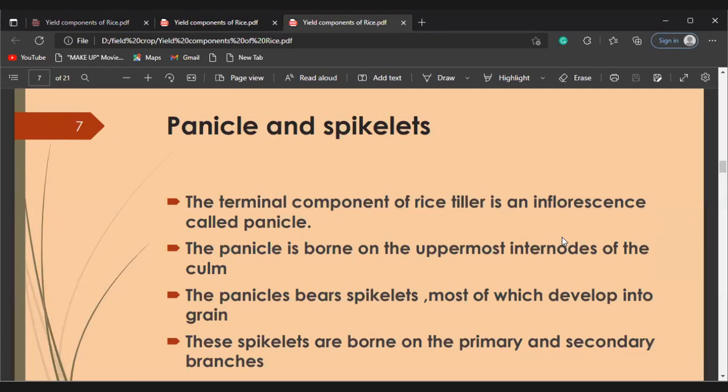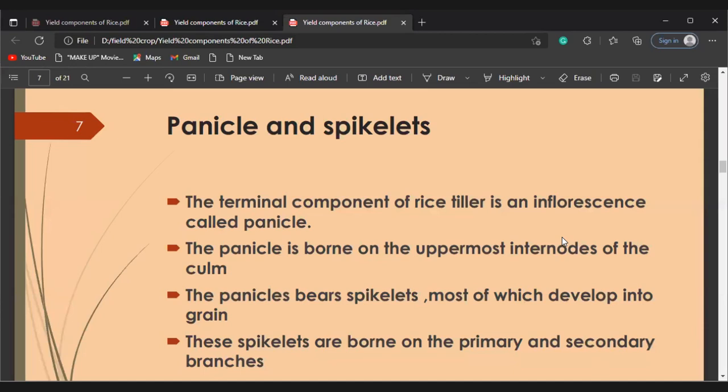The panicle bears spikelets, most of which develop into grain. In the panicle there are a number of spikelets, and there is a chance of them being fully filled, partially filled or unfilled. Yes or no? Yes, in the spikelets there will be filled ones and unfilled ones. The filled one will develop into grain.